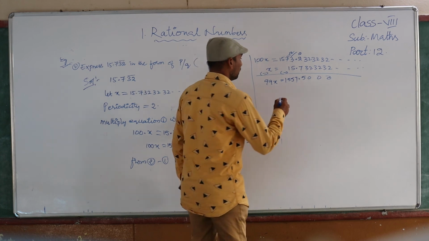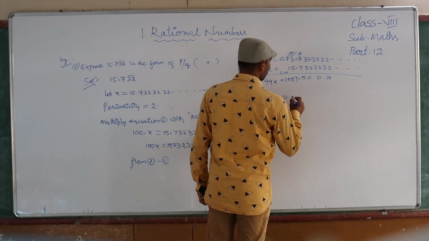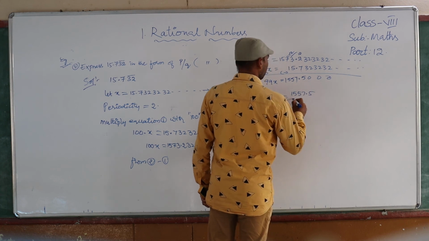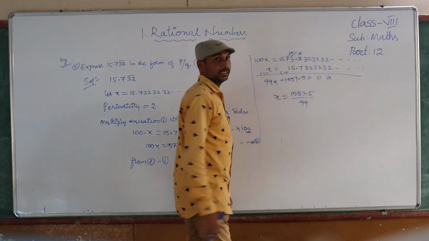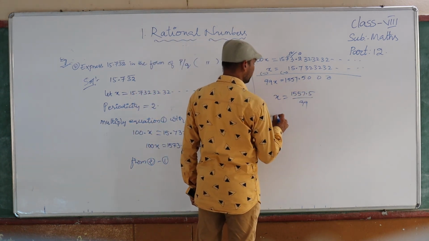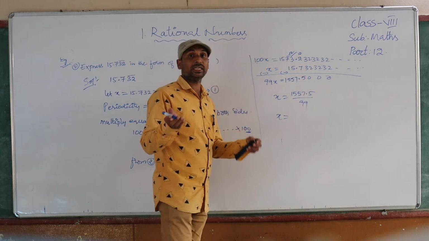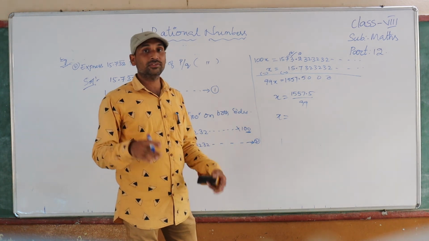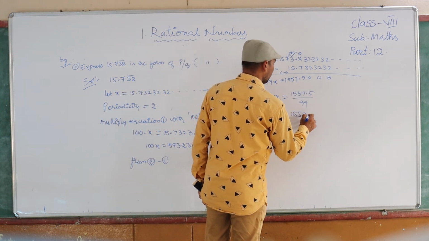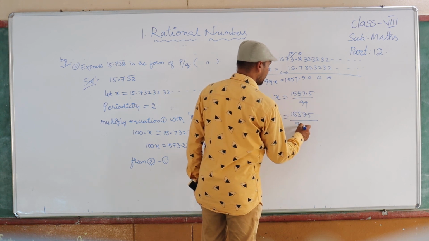Then x is equal to 1557.5 by 99. Then again you have to remove this point. As we studied in the previous class, if you remove the point, it is 15575 by 99.